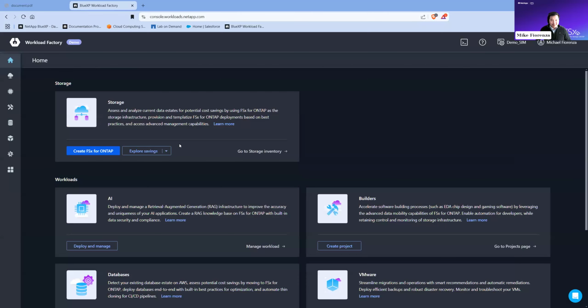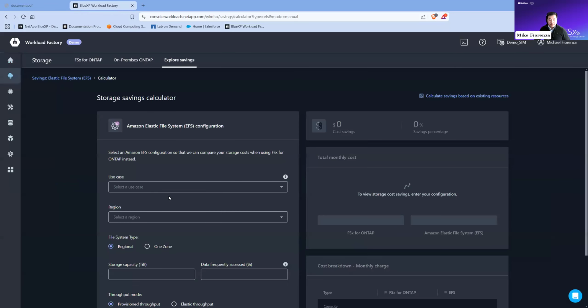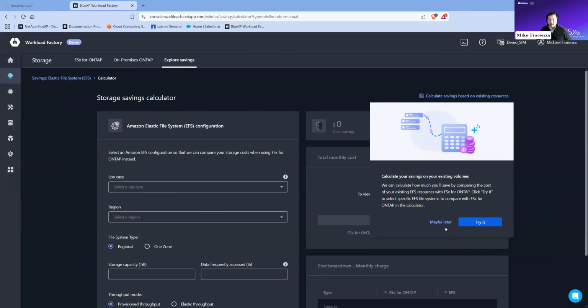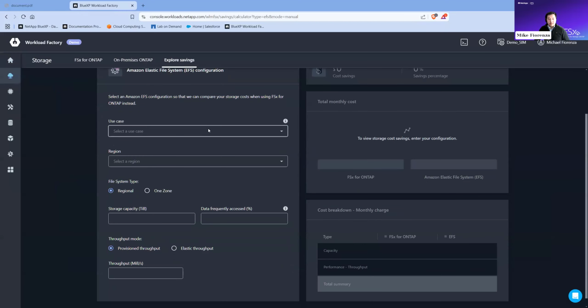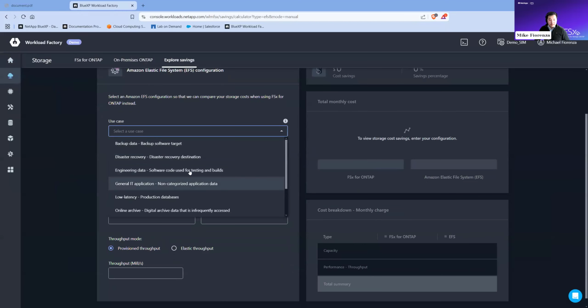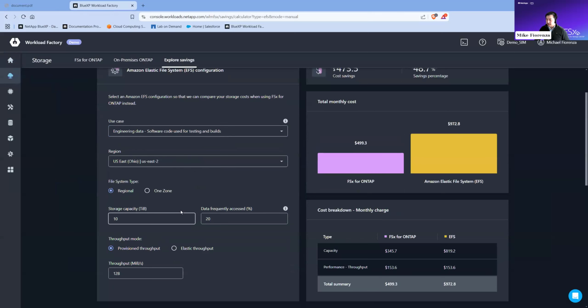And to jump back to the calculator, we will go back and explore the savings for EFS. And here we're going to say this was engineering data, a regional file system for the high availability that was needed. 1 PB, and 20% of the data is accessed frequently.